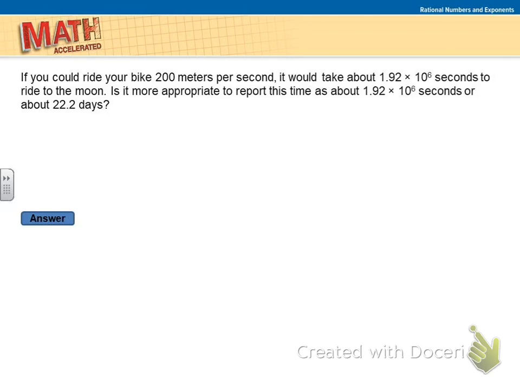Which one would be easier for somebody to understand? 22 days, right? So it went up to a higher unit and converted to that, and it just wants you to understand that when you have a really big number, if you go up in units, and we went up to days, it makes more sense to say 22 days than that many seconds. Does that make sense? All right.